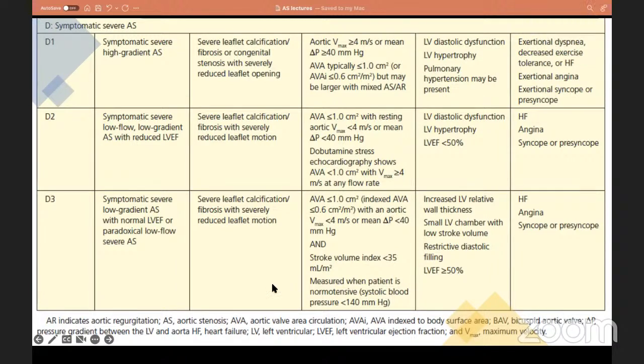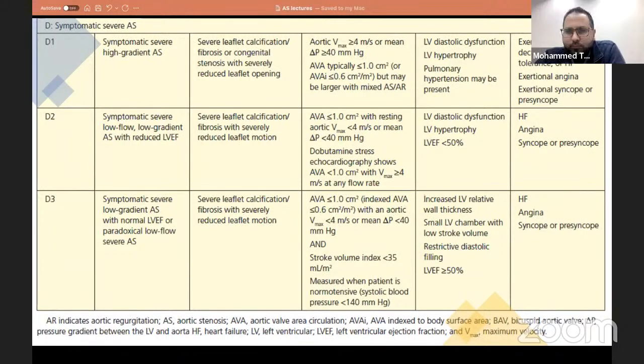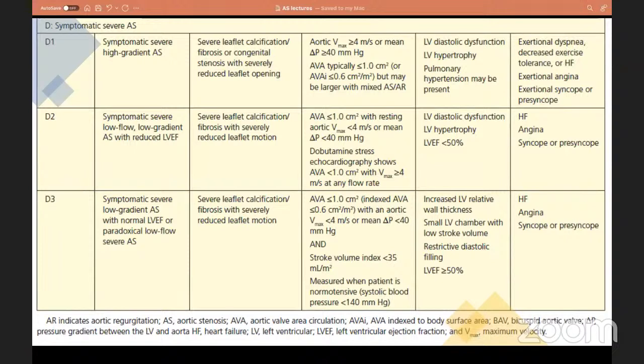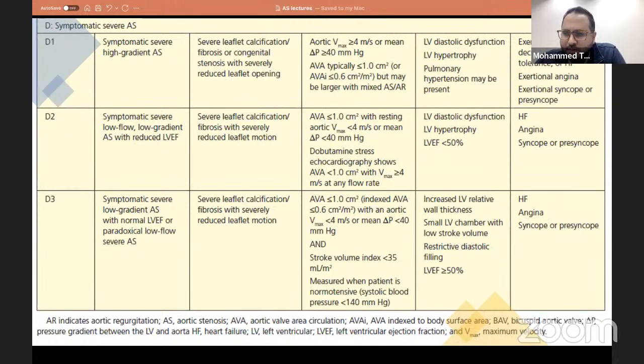Severe symptomatic AS, and patients who are asymptomatic can have severe AS per echo, but they have to have reduced ejection fraction or other indication for cardiac surgery. Concomitant cardiac surgery. Right, okay.